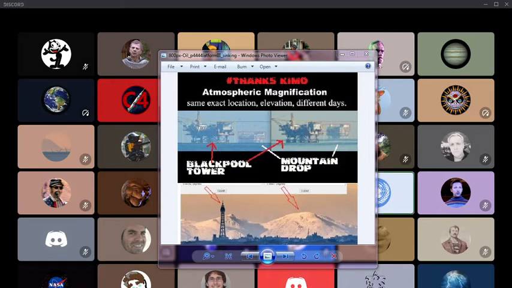Irrelevant. Because the topic isn't the globe, Chemo. The topic's his photo. It shows an impossibility on the flat earth. So it's your job to show that it's possible. You claim flat earth.